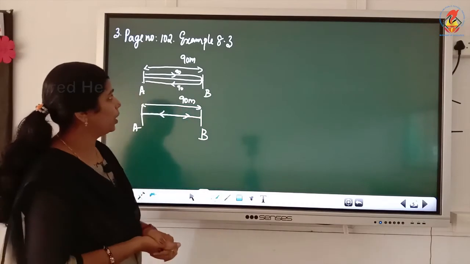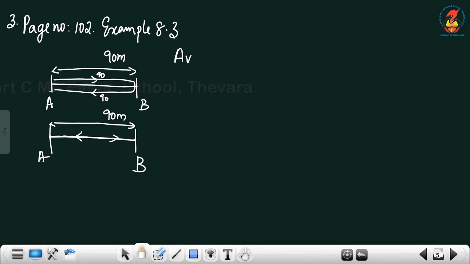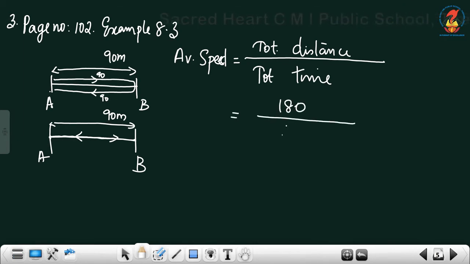Now, we will write the equation to find average speed. Average speed equals total distance divided by total time, that is equal to 180 by 60 seconds.